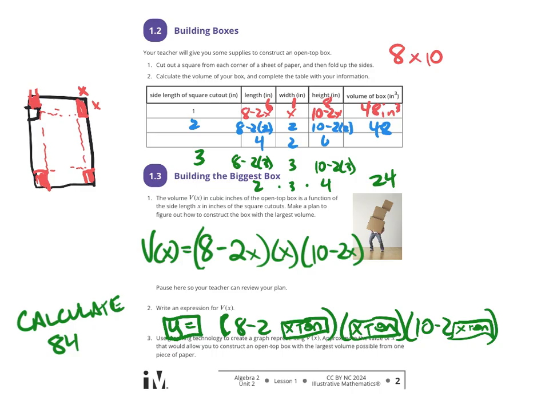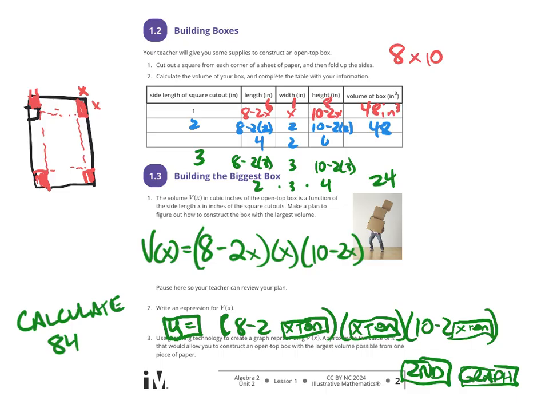Close the parentheses. And what you're going to do from here is hit the second button, the blue button. Hit graph at the very top right. And you will see the table of values. So when x is 0, x is 1, x is 2, x is 3, x is 4, you will get the volume of the box.